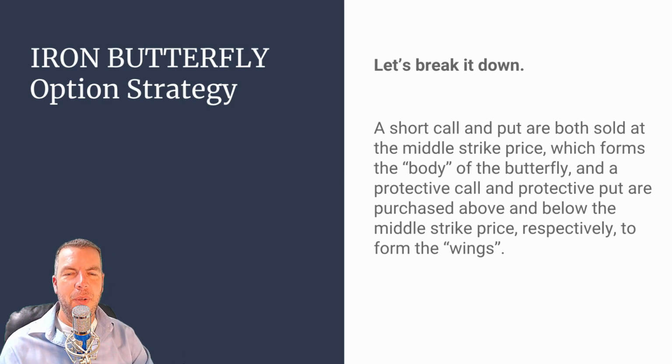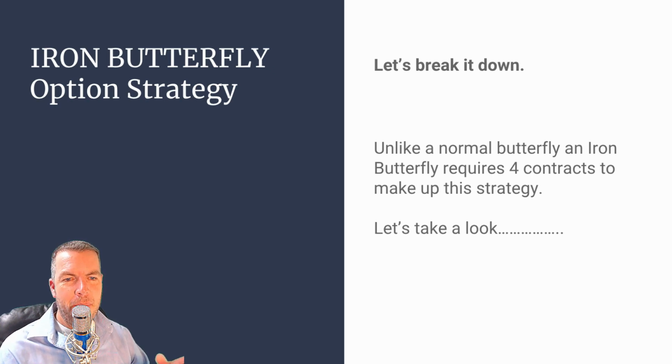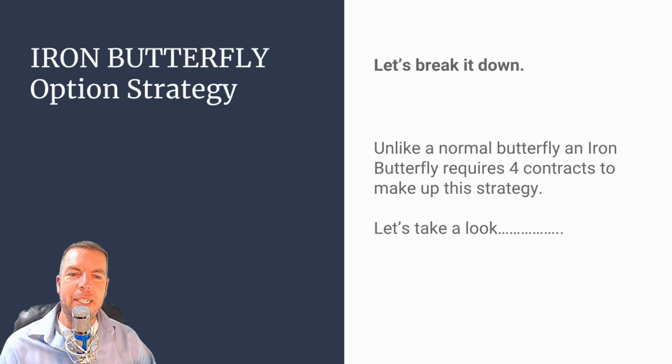So, a very narrow body, and we buy protective calls and puts for the wings. You might be familiar with a regular butterfly, which is a debit trade. With an iron butterfly, we receive a credit, and it requires four contracts to make up this strategy.